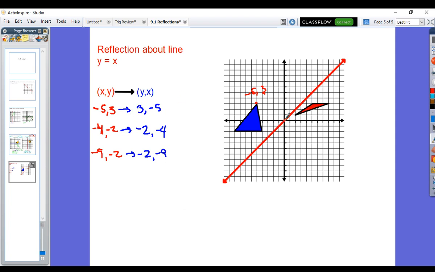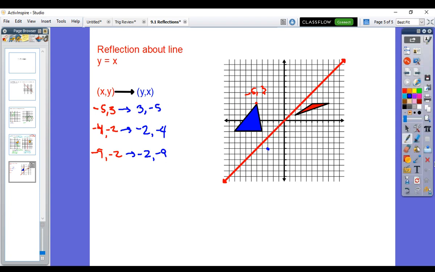Let's look. So 3, and then -5. Then -2, -4. Oh, I got this one wrong, sorry.